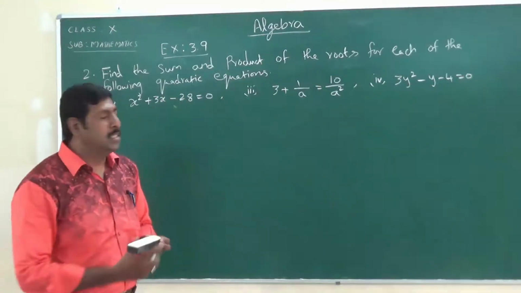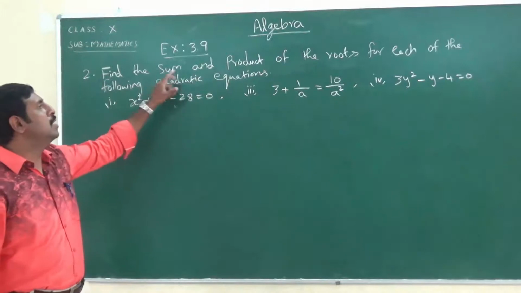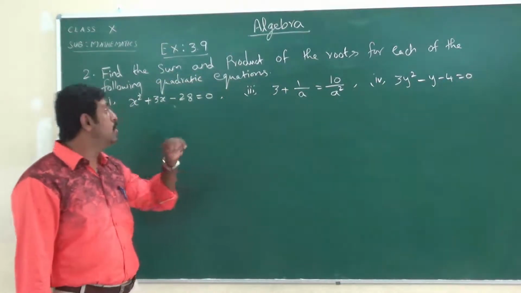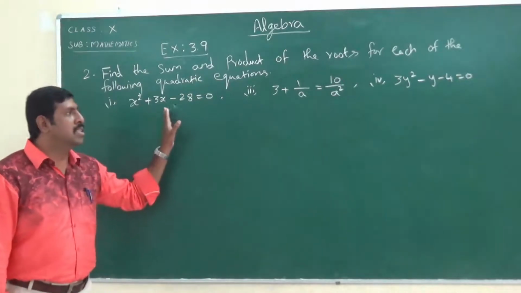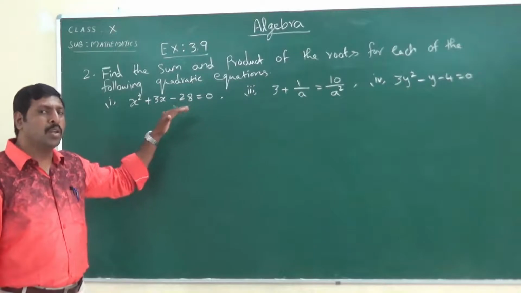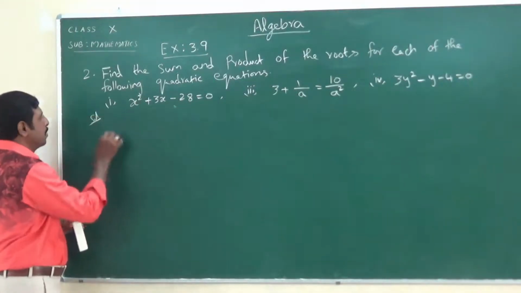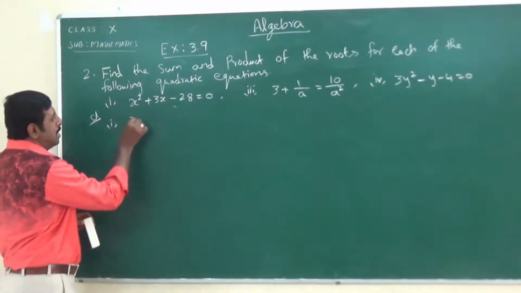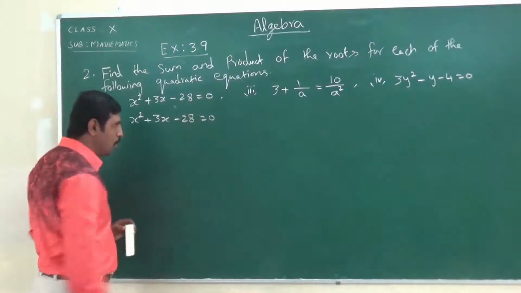Exercise number 3.9 in algebra. See question number 2: find the sum and the product of the roots for each of the following quadratic equations. The given equations are in quadratic form, so we want to find out the sum of the roots and the product of the roots in the given equation. Let's see the first one. The first Roman number is given as x square plus 3x minus 28 equal to 0.